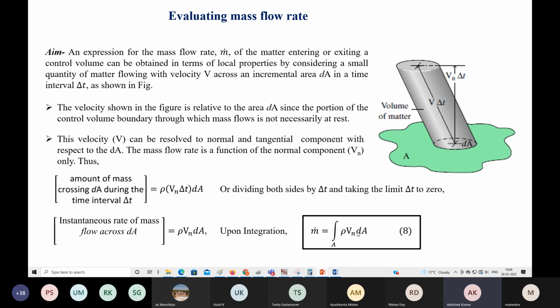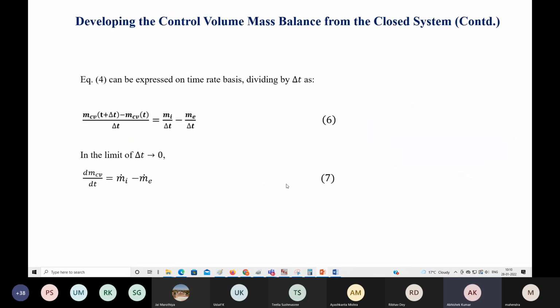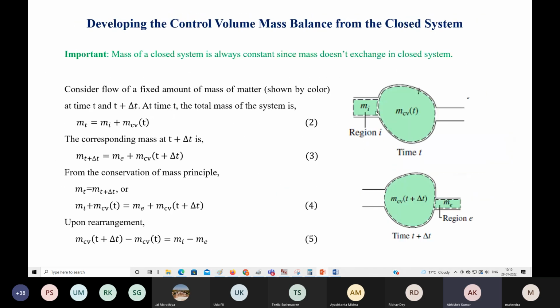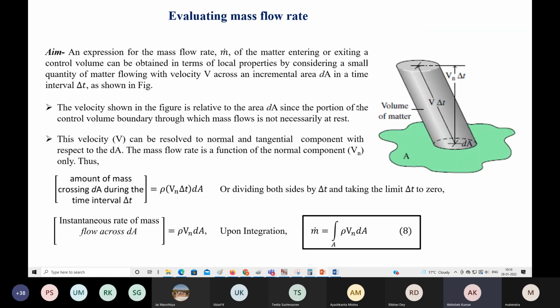However, here, if this is the supplying channel, this is the cross-sectional area we are taking, that is dA, and this Vn is the normal velocity we are taking over here. So to the control domain, like this control domain, that integration we have applied over here.